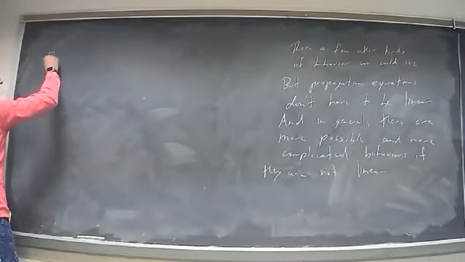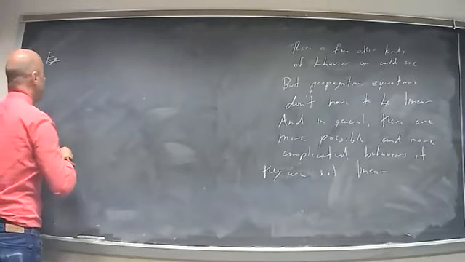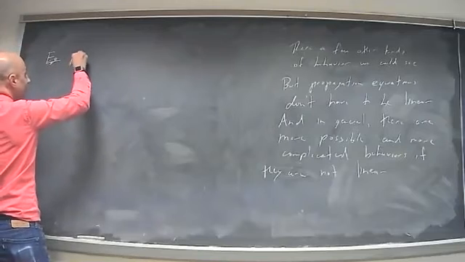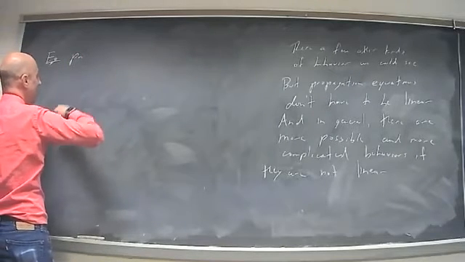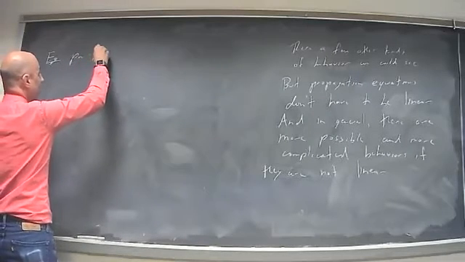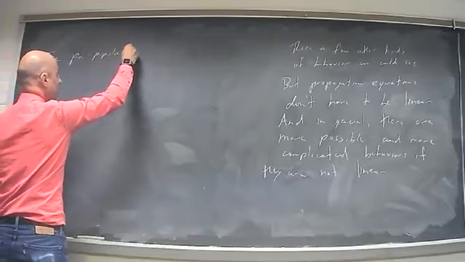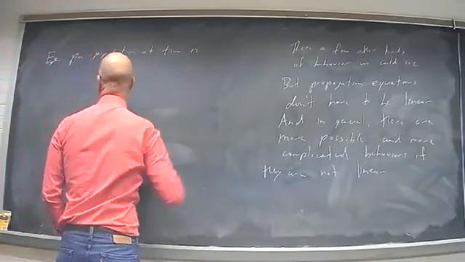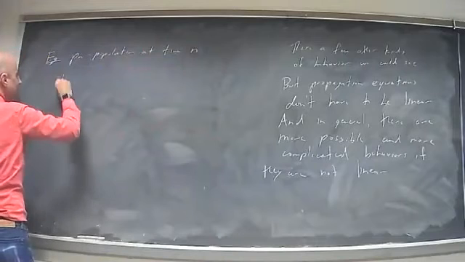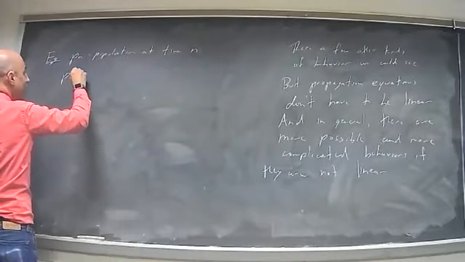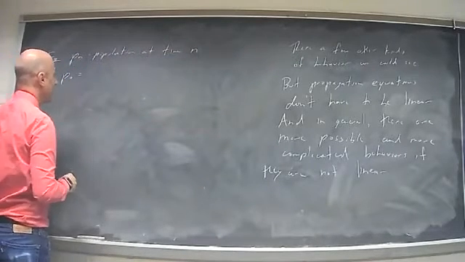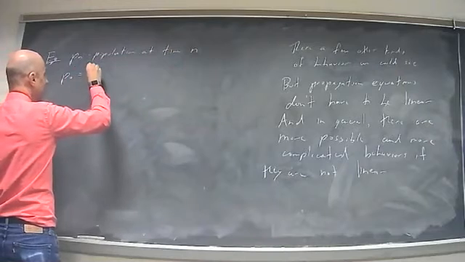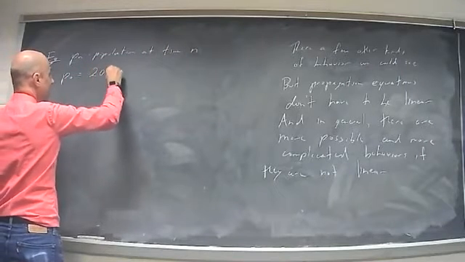So let's see. We'll stick with population right now. It's an easy one to visualize. Let's say P of 0 equals 2,000.